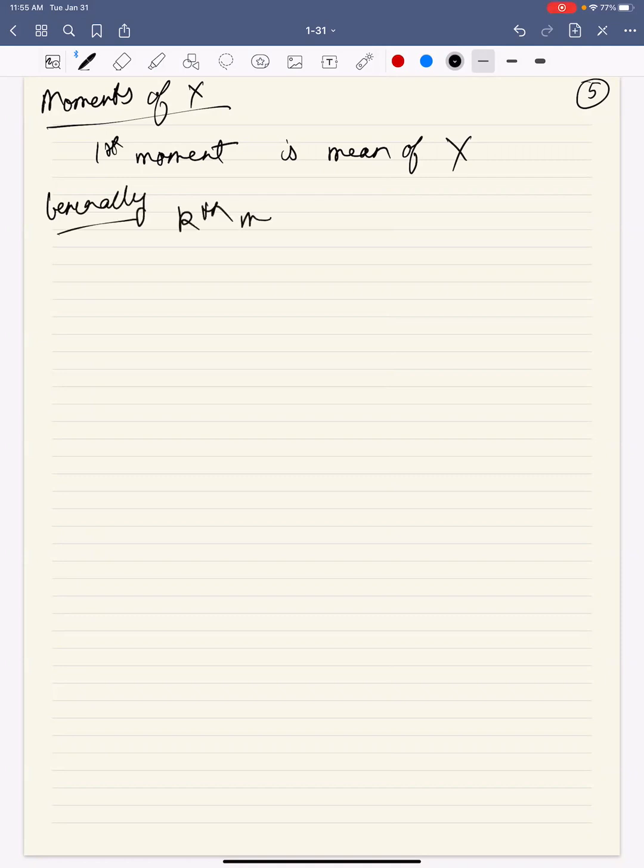So moments of x. The first moment is the mean of x, or the average value of x. More generally, the kth moment of x is the average of x to the power k. So the second moment of x is the average of x squared. The third moment of x is the average of x cubed.